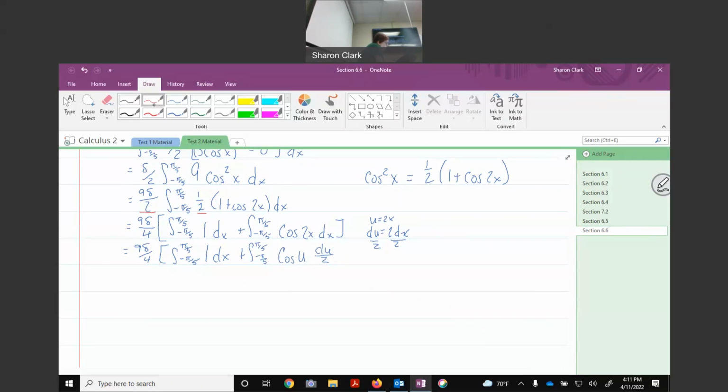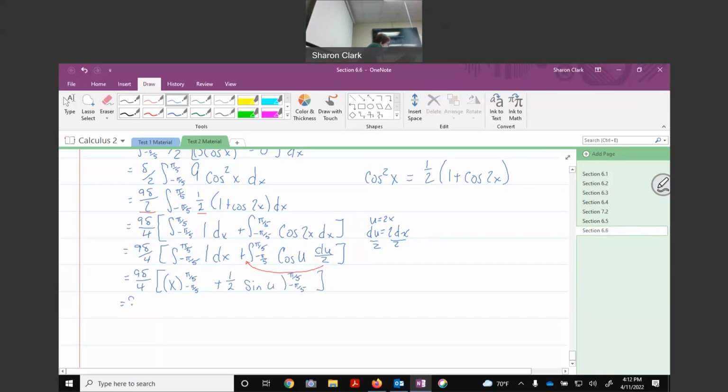So I'm going to bring the 1/2 out front, and I've got 9 delta over 4 times x from negative pi over 5 to pi over 5, plus 1/2 sine u from negative pi over 5 to pi over 5.